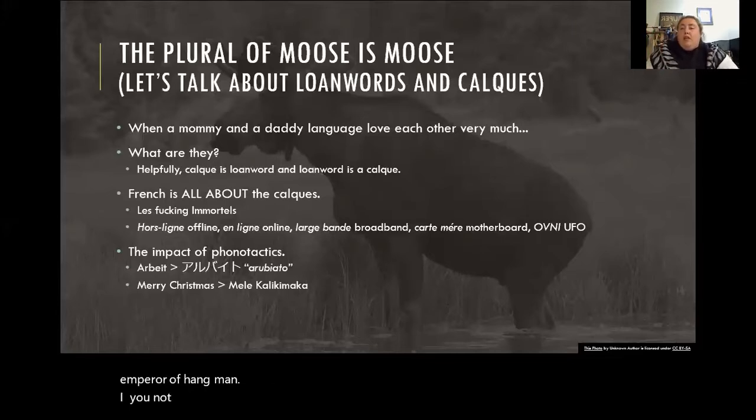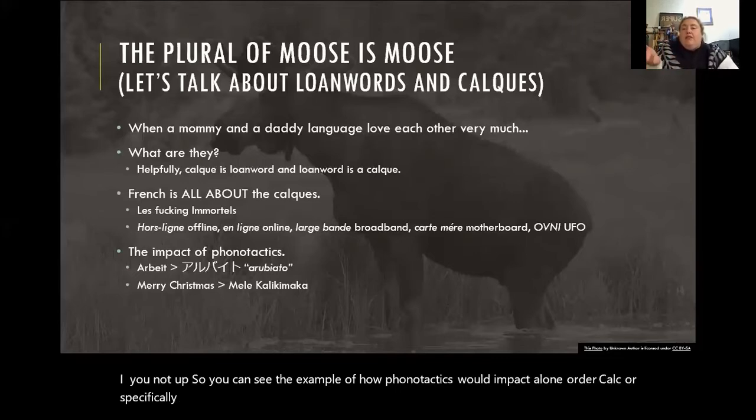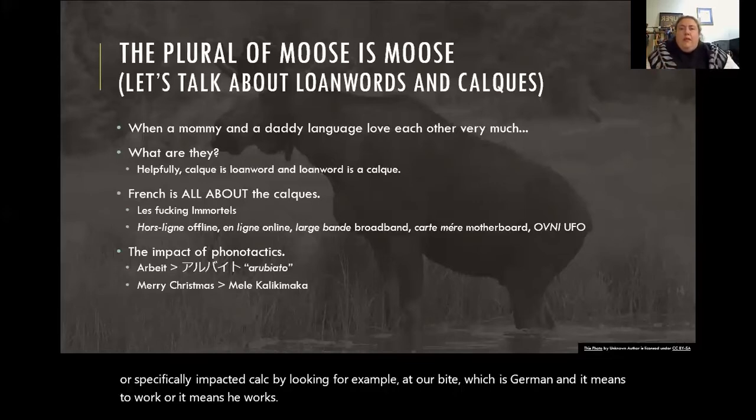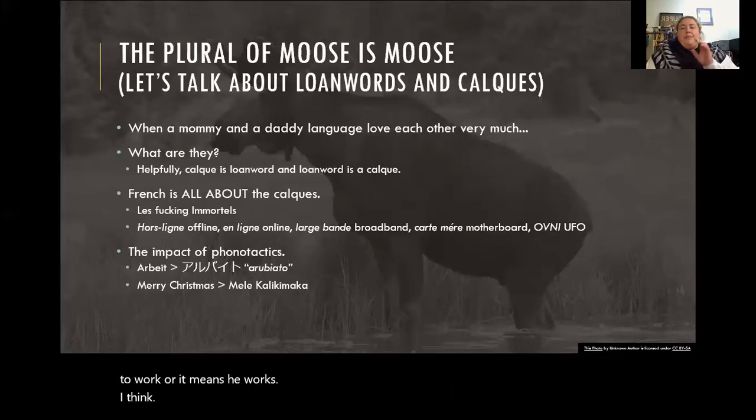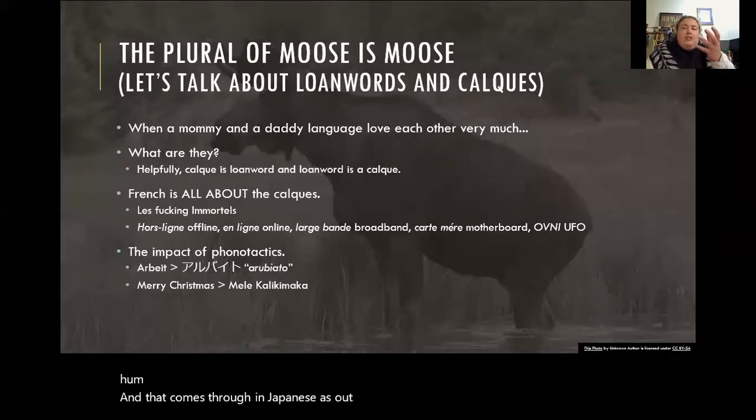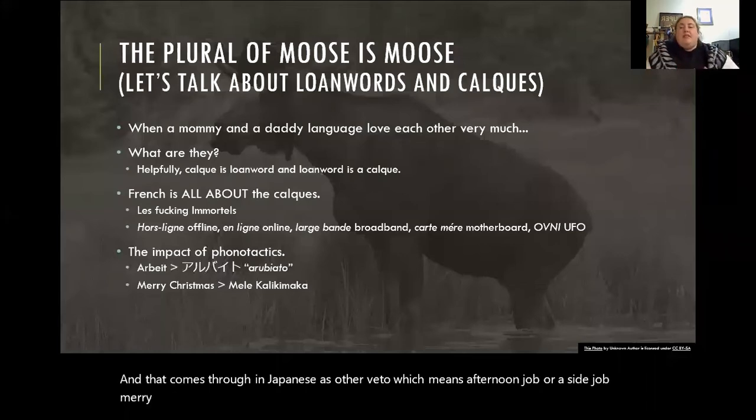So you can see the example of how phonotactics would impact a loanword or a calque by looking, for example, at Arbeit, which is German, and it means work, or it means he works, I think. And that comes through in Japanese as arubaito, which means a side job. Merry Christmas, famously in the Andrews Sisters song, Mele Kalikimaka.